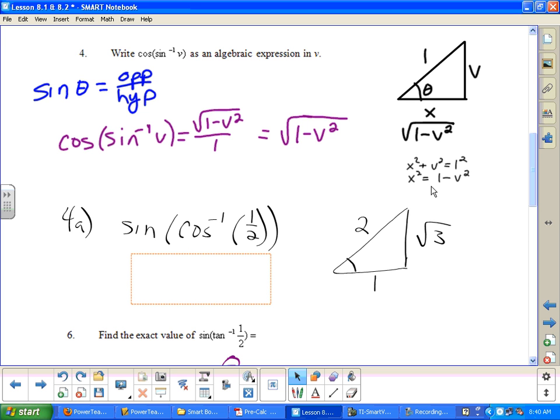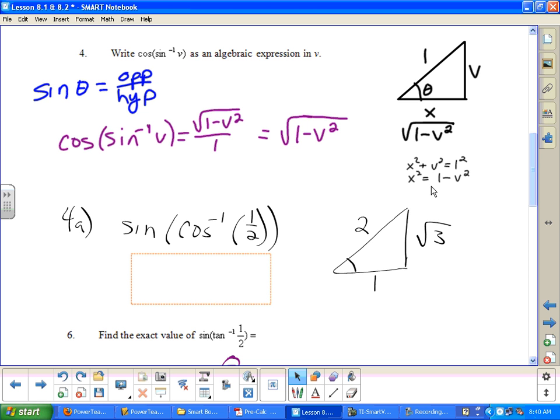What's the inverse cosine of 1/2? What is it? Pi over 3, right? Okay, if you look at your unit circle, cosine equals 1/2 at pi over 3. And what's the sine then of pi over 3? Square root of 3 over 2.